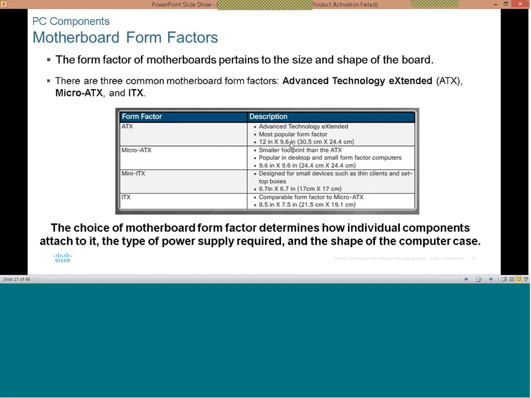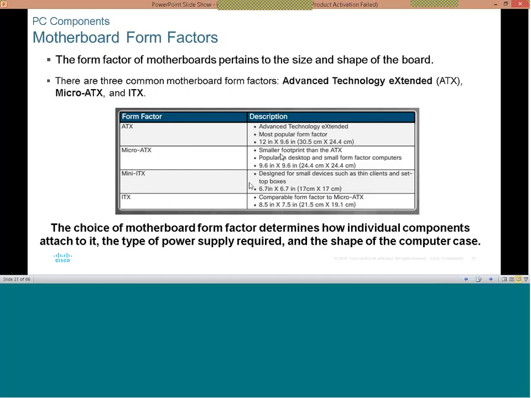So what we're saying here is that not every computer system uses the same power supply technology. So you have to check to see which category, either the ATX or the micro ATX or the mini ITX.